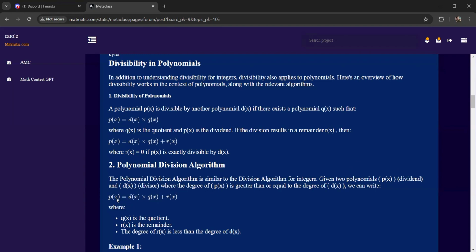The formula is just p(x) equals d(x) times q(x) plus r(x). And I already explained before, but q(x) is the quotient, r(x) is the remainder. But the degree of the remainder has to be less than the degree of the divisor.